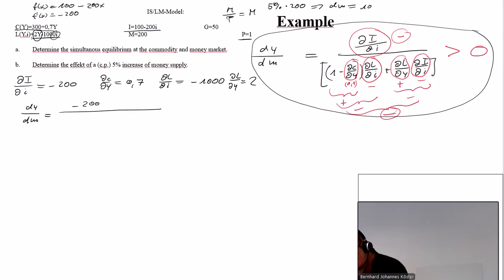divided by 1 minus 0.7 times del L del I minus 1000. Oops.